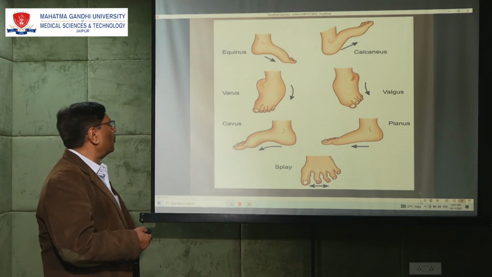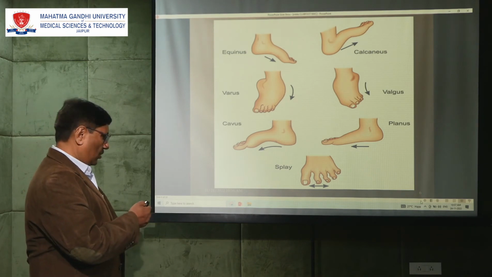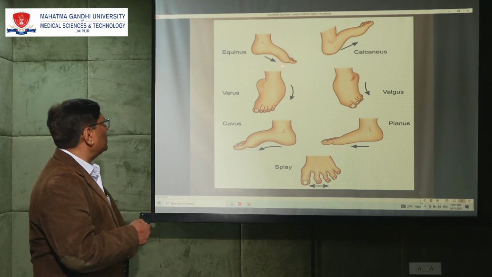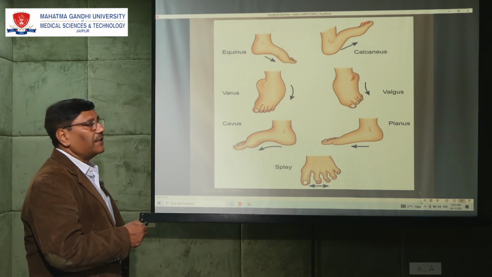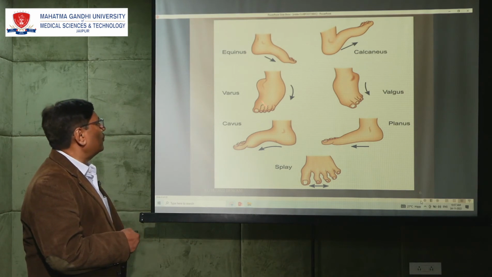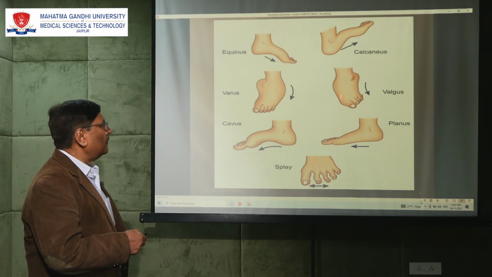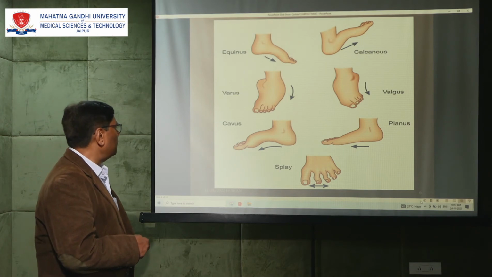So, what are basically the different deformities in the foot? In clubfoot, we only have equino-varo-cavus. So, a child may be in equinus, that is fixed plantar flexion. The opposite of it is calcaneus. The foot may be turned inwards, which is called varus. The opposite is valgus. There is cavus or the high arch deformity which results from the midfoot deformity.